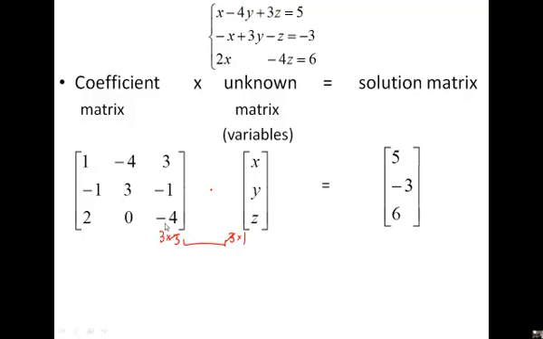But what I want you to see is if we were to multiply these, this is what we would get. We're going to get a 1 times x plus a negative 4 times y plus a 3 times z, right? This is my first entry. Unfortunately, I can't simplify that, but that is my first entry in row 1, column 1 of that 3 by 1 that I am expecting.